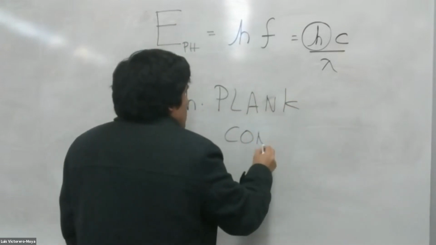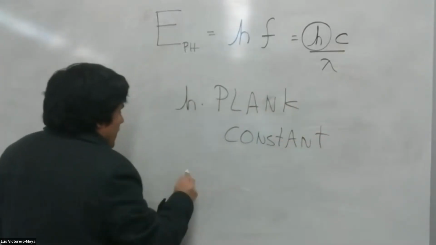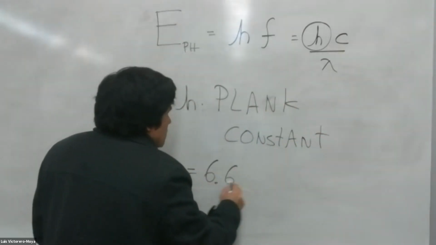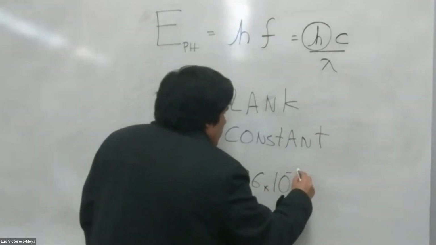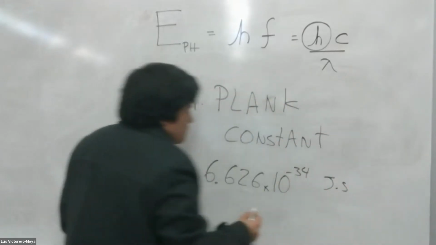Planck's constant is measured to be 6.626 times 10 to the negative 34 joule seconds.